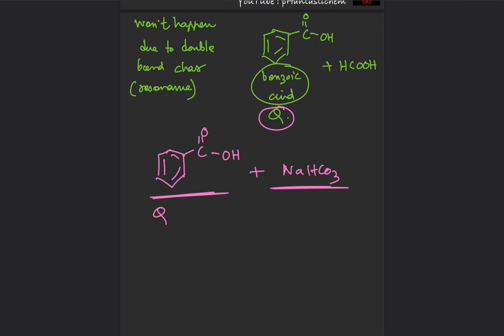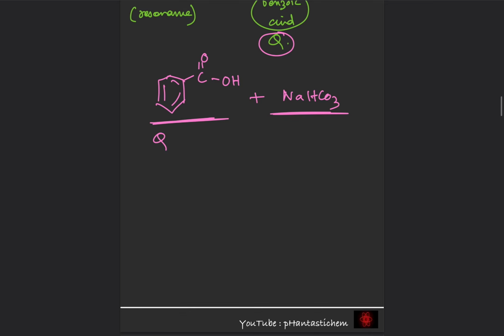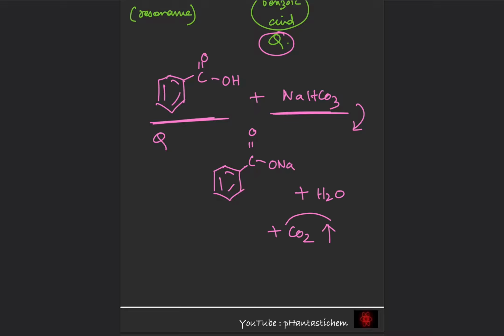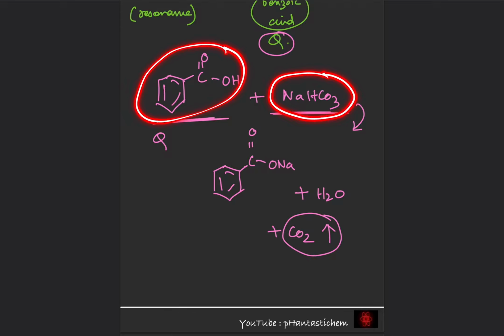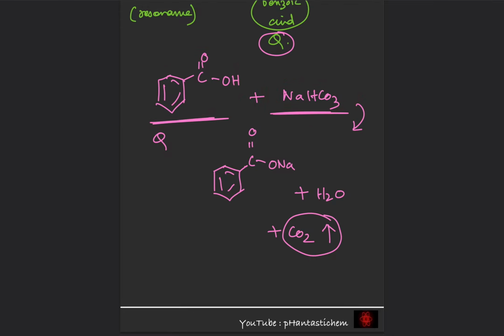It's an acid, this is a base, so they will react with each other, and we will get salt, C double bond O, ONa, plus H2O and plus CO2. So CO2 is a gas, and because of this we get effervescence whenever we treat Q with NaHCO3. Effervescence are basically bubbles coming out.